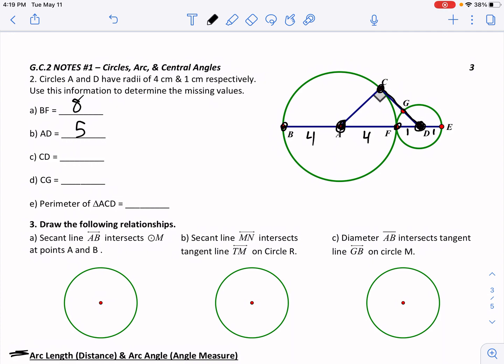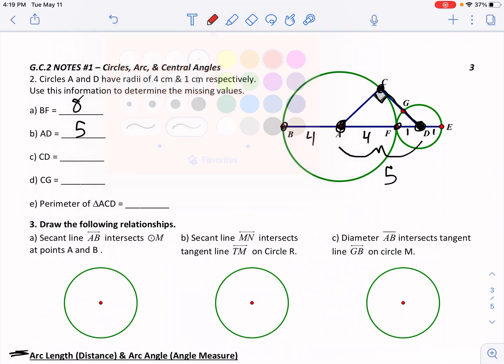But let's go back to what we talked about earlier. We said the AD here is 5. Well, notice it's a right triangle. Let's see if we can find another side, and then we can use two sides in the Pythagorean theorem to find a third side.